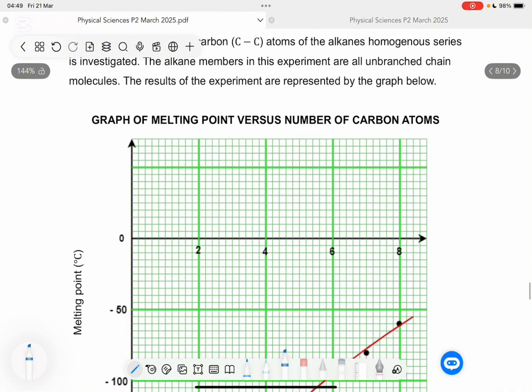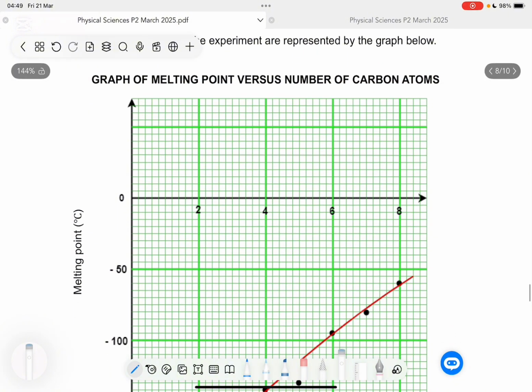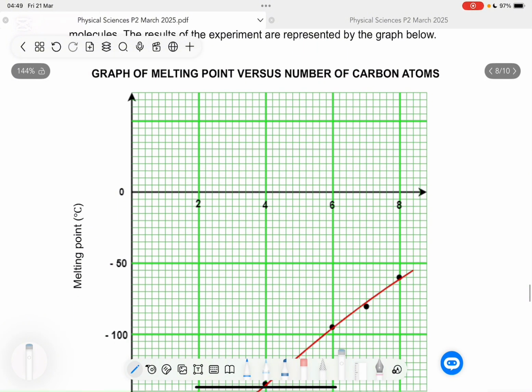Now, when we look at the graph, the first thing that catches our eye is the title. It says the graph of melting point versus the number of carbon atoms. The title always tells you that the word before "versus" is the dependent variable.